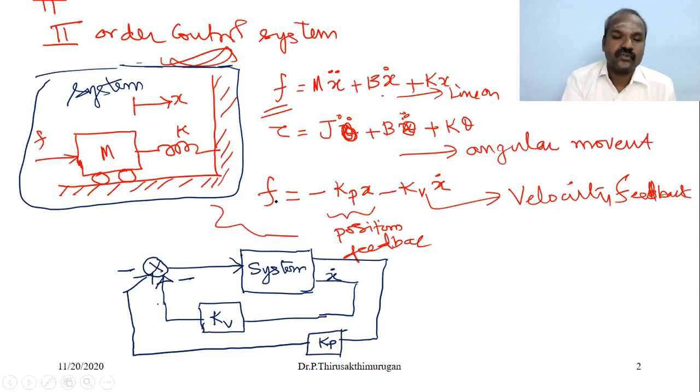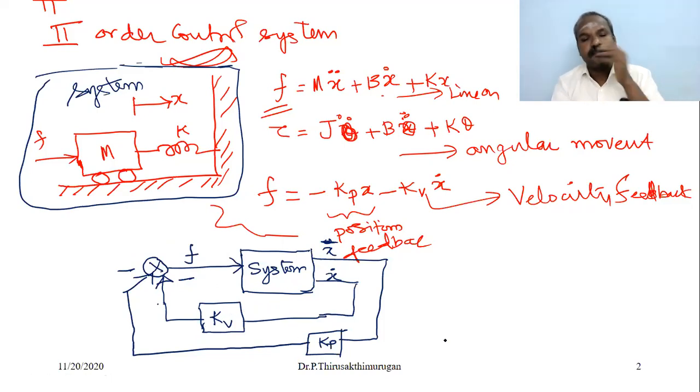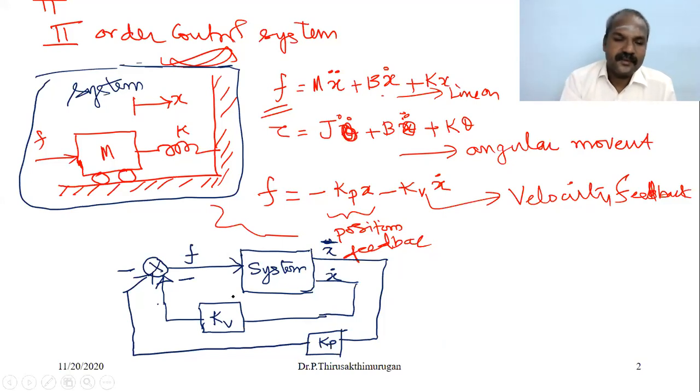The feedback force F. What is F? F equal to minus x times Kp minus x dot times Kv. So this closed loop diagram, where the left part, I will show you.